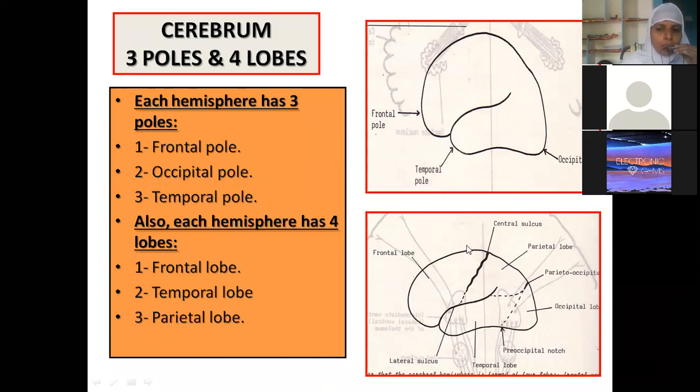You go 2.5 centimeters behind the midline, and you find one sulcus running downwards and forwards. This sulcus in the center is the central sulcus. Then between the frontal and temporal lobes, there is one sulcus which is dividing. This is the lateral sulcus. Between the parietal and occipital lobe, there is the parieto-occipital sulcus.